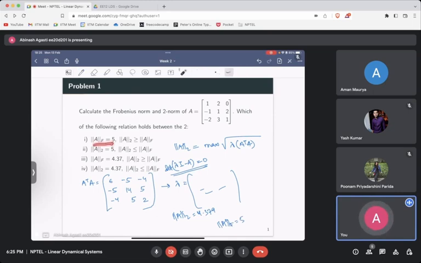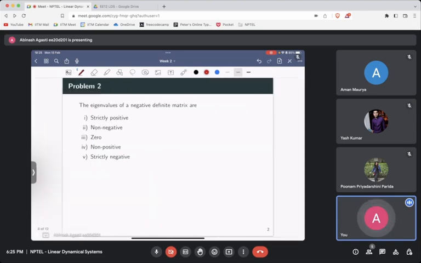AF is 5 and A2 is greater than or equal to AF: that's incorrect. A2 is 5: incorrect. AF is 4.37: incorrect. A2 is 4.37: correct. And A2 is less than or equal to AF. So the correct answer is the fourth one, right? I hope that is clear. Then let's move ahead to the next question.